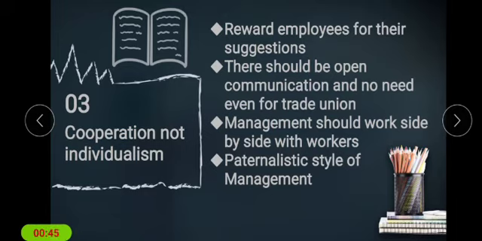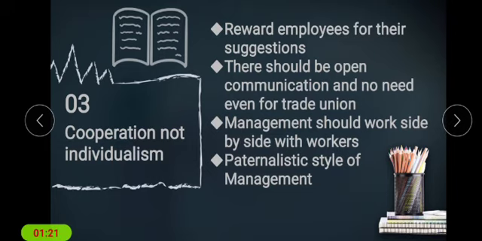For this, workers' participation in management should be ensured at the time of goal setting, which leads to an increase in efficiency and performance of the workers, as they will try their level best to attain the desired level of output. And rewards should be fixed for the employees for their valuable suggestions. There should be open communication and no need even for trade unions.